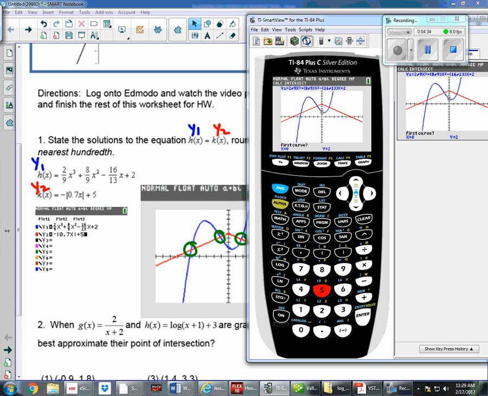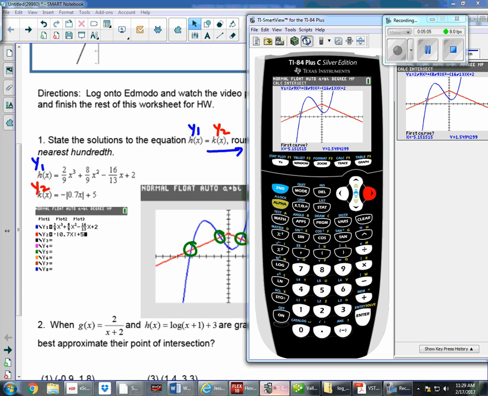And now we can move that blinking point that's on the y-axis right now by using the left and the right arrows. So I'm going to use my left arrow to move that point all the way to the left so I can figure out this point of intersection here. When you bring your blinker to where you think the point of intersection is, take a look at the bottom left of your screen.